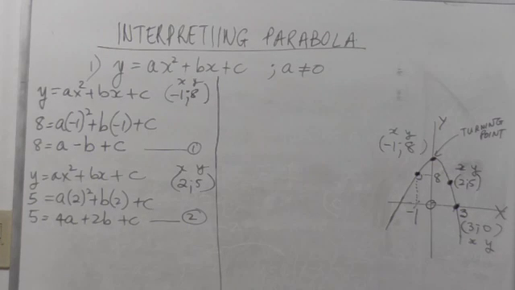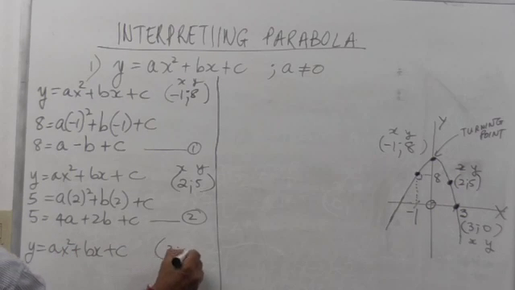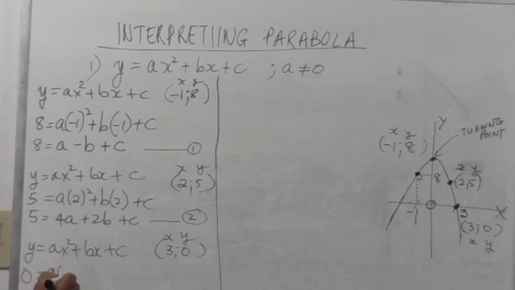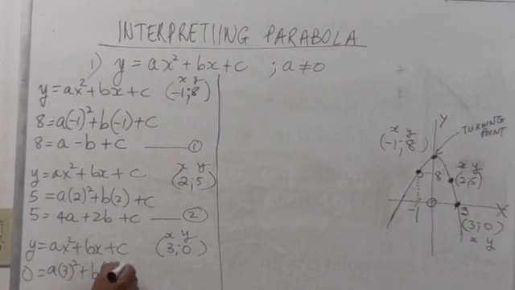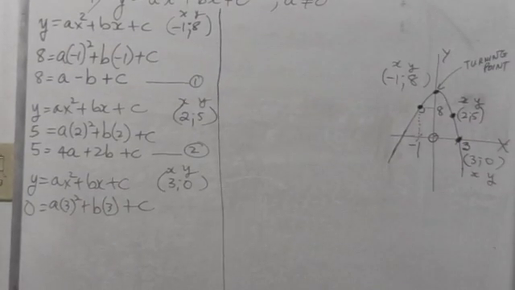Now we're going to build our third equation. We start again with y is equal to ax squared plus bx plus c, and we're using 3, 0. That's your x, that's your y. Now the y is 0. 0 is equal to a into 3 squared plus b into 3 plus c.